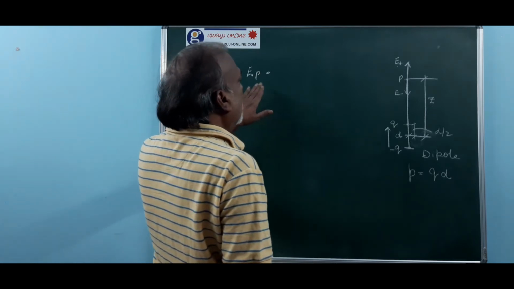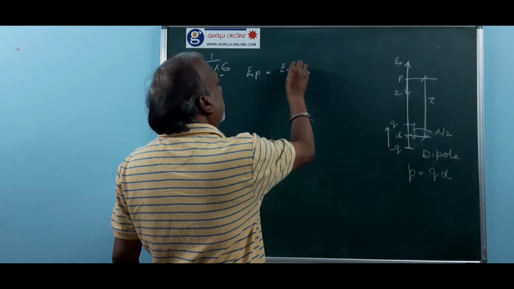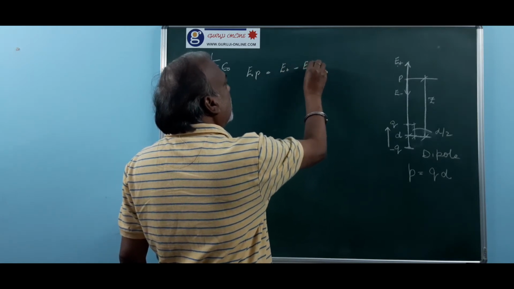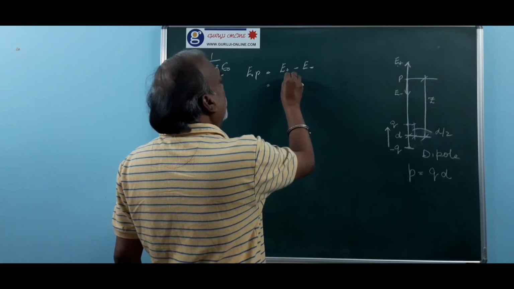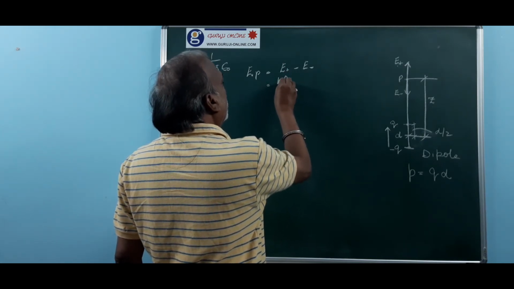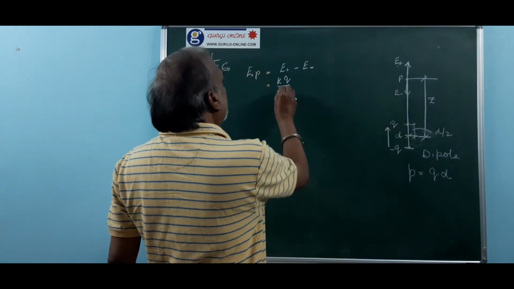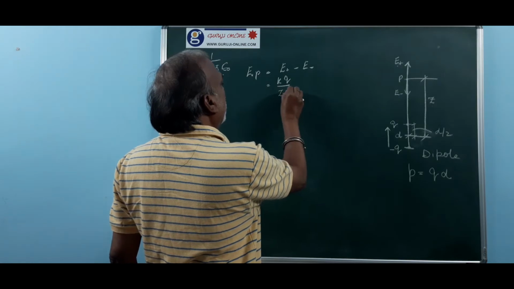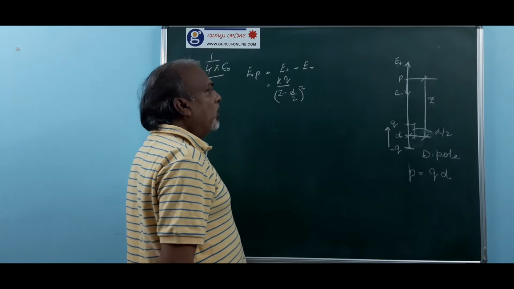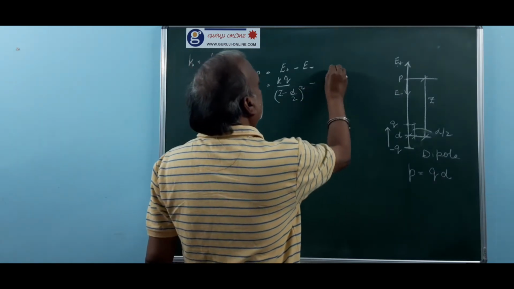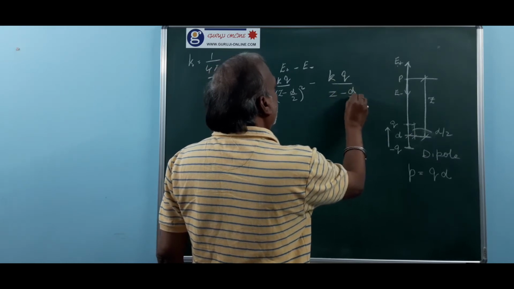Now what is basically the electric field at P? It will be nothing but E plus minus E minus, and this is nothing but kq upon (z minus d by 2) whole square minus kq upon (z plus d by 2) whole square.